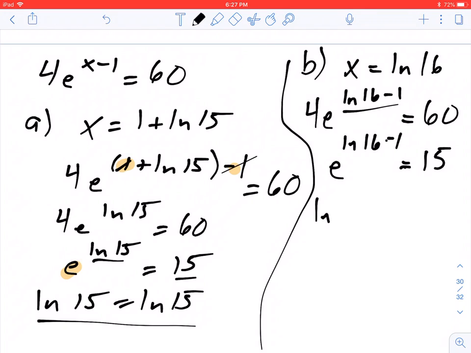So we have natural log, that's log base e, of 15 equals natural log of 16 minus 1. Once again, you might be tempted to take that 16 minus 1, but you can't, because natural log comes before subtraction, because logs are part of exponents. So this statement is not true. A worked and B did not.